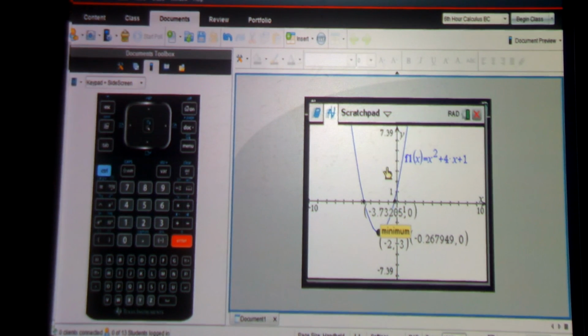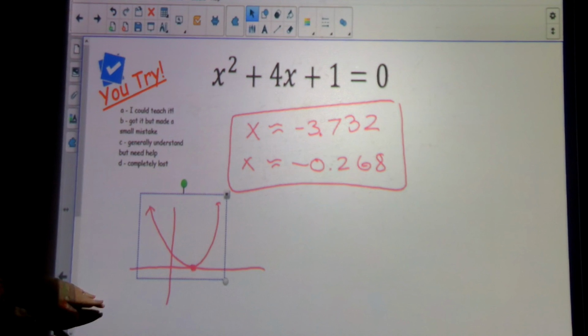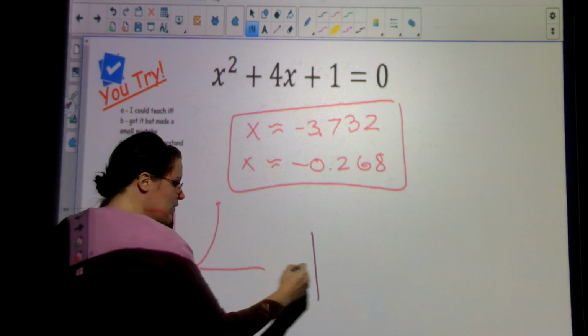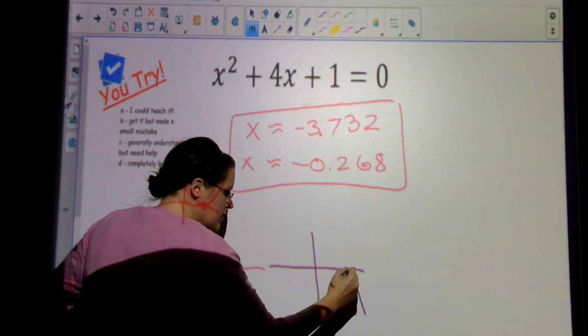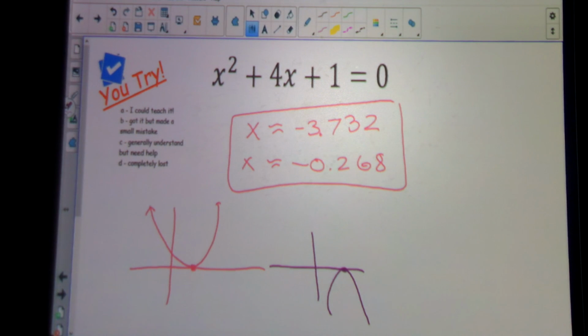Obviously it has no meaning on this graph, I just wanted to show you the commands. So if you get a weird one that barely touches it, instead of going through it, don't use your zero command, use your min or max. The max command will be needed if it looks like this. That is a max there, not a min. So those are the only tricky ones you might encounter. Otherwise, it should be pretty straightforward.